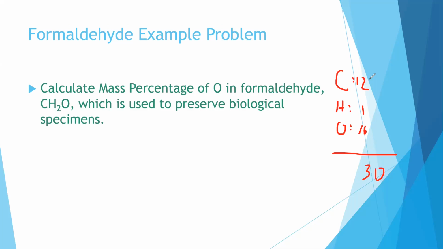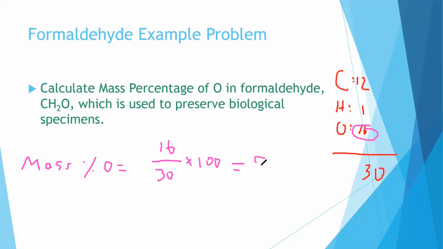Okay. I see that you guys are getting the hang of it. So mass percent of oxygen is the mass of oxygen, which is 16 right there, over the total mass, which is 30, times 100.